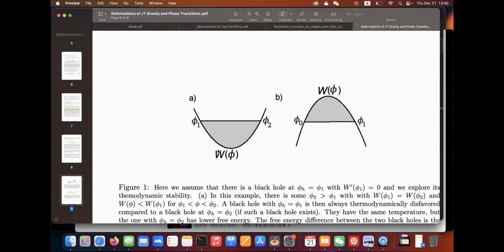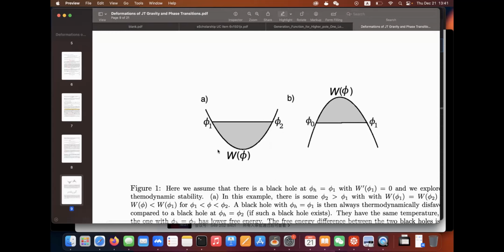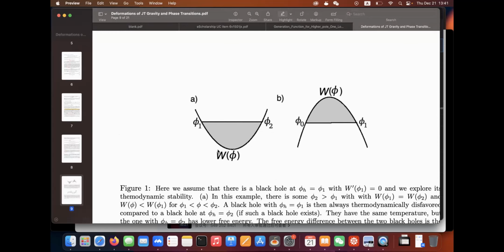If it's negative, it is not thermodynamically stable. Okay, and then we have many stable points. But actually the thermodynamics will choose the global minimum of it.